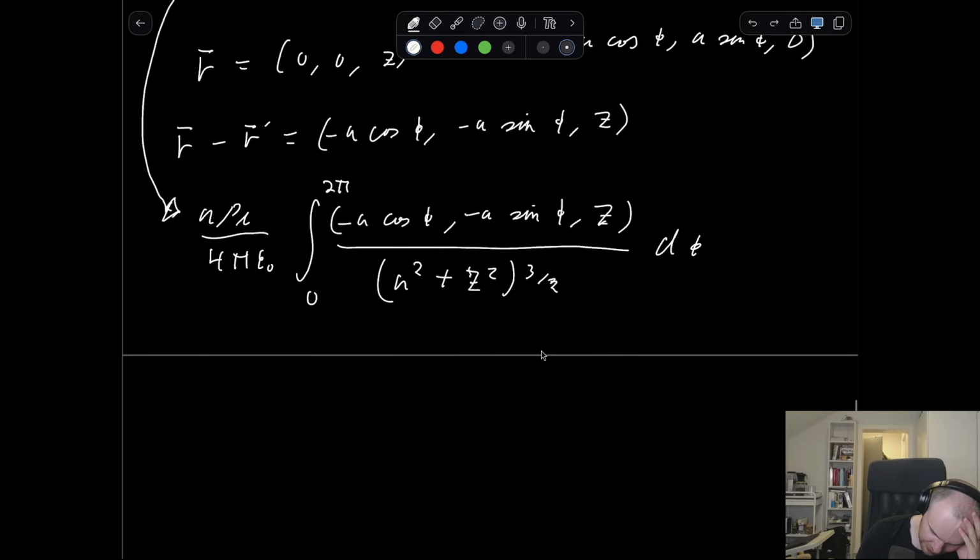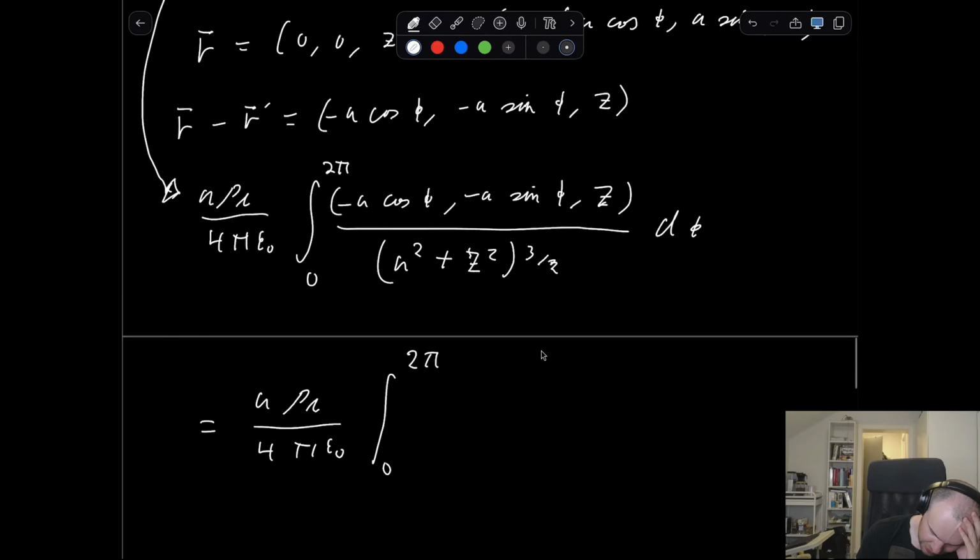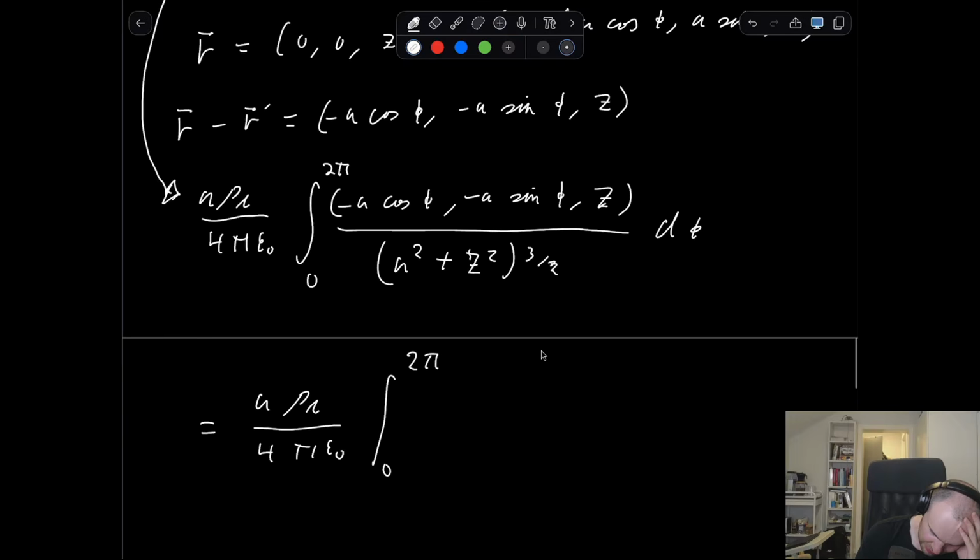What we can do is say a rho L over 4 pi epsilon 0, from 0 to 2 pi, then we just have z in the z hat direction, divided by a squared plus z squared, to the 3 over 2, and then d phi.